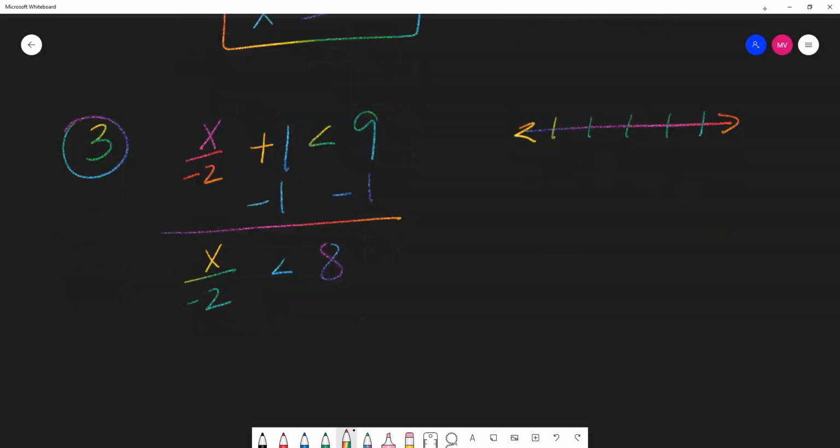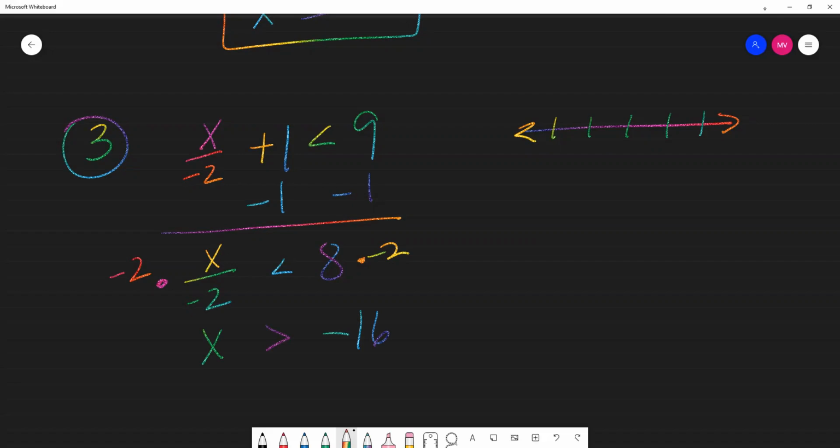All right, and what do we do next? Multiply both sides by -2. And what's our final inequality? Okay. And what's our inequality? Very good. So we switched it because we multiply by a negative number.